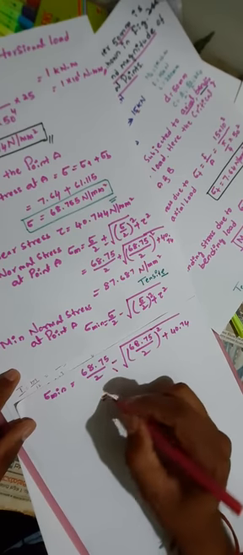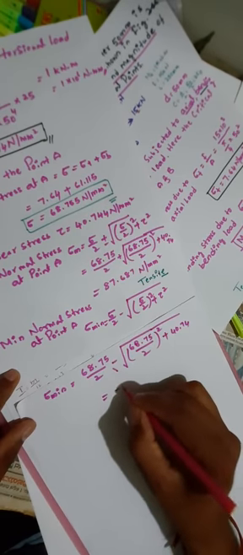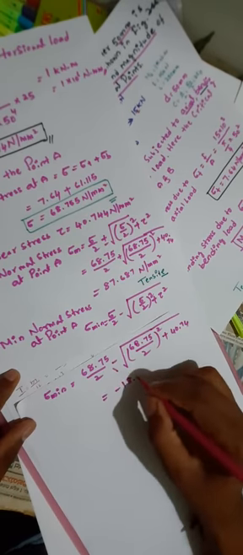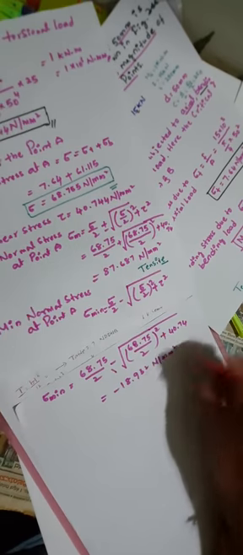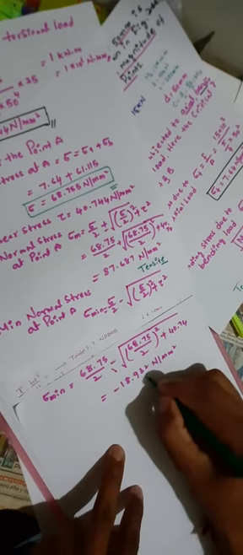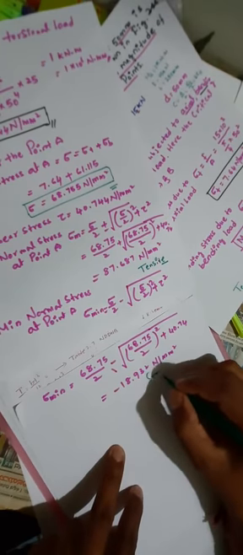If you simplify this, we will get minus 18.932 Newton per mm square, which is with respect to compression.